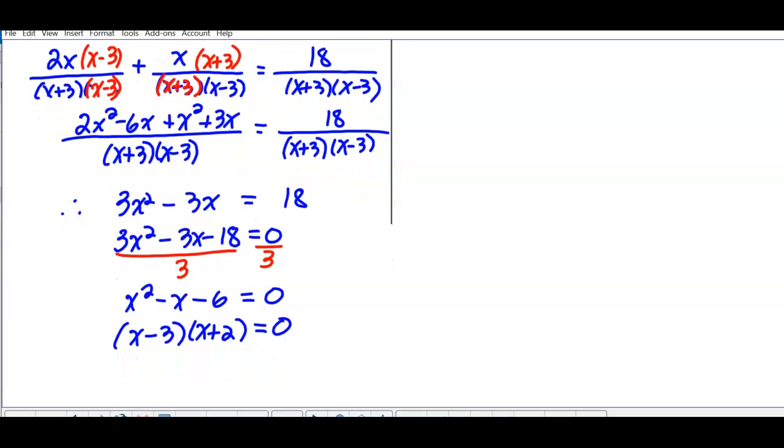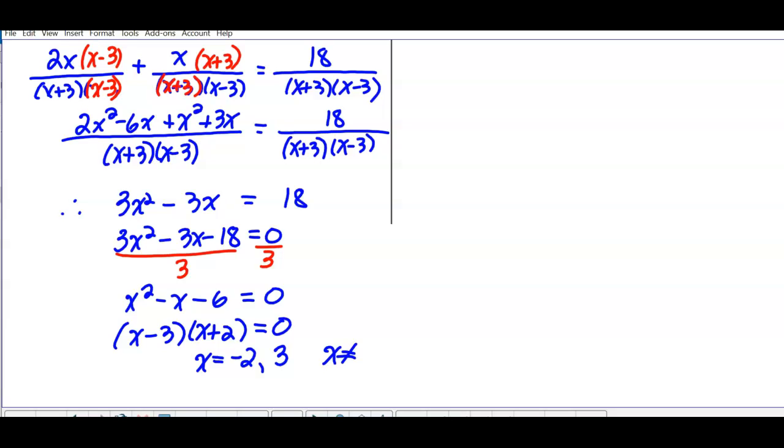If it doesn't factor, then remember we did somewhere you had to graph it. Next semester, you'll learn the quadratic formula. So there are other methods. So this is going to be -2 and +3 when you solve that. Look for your restrictions.